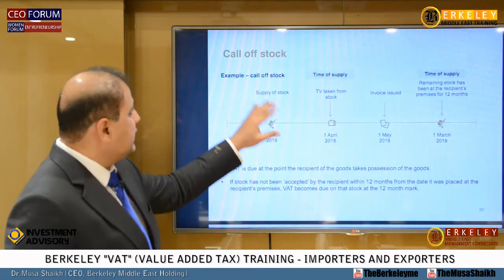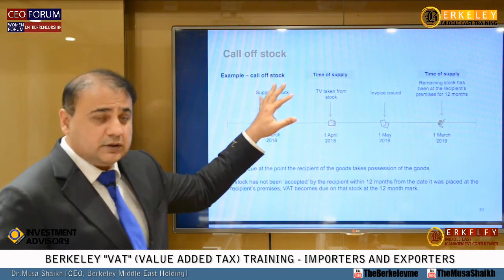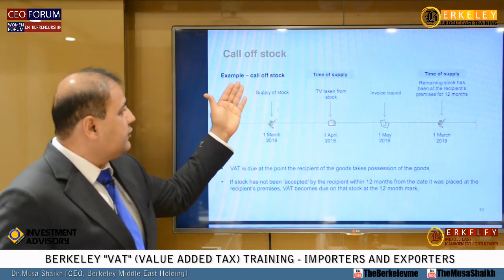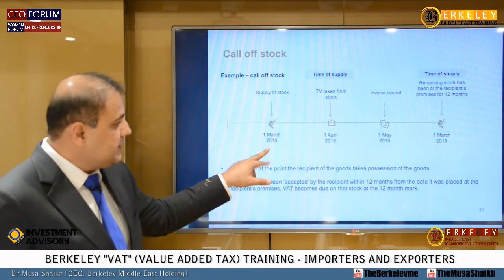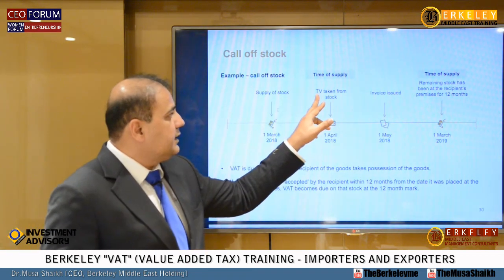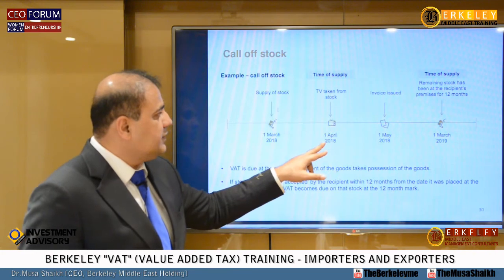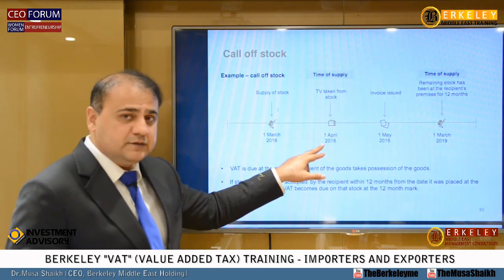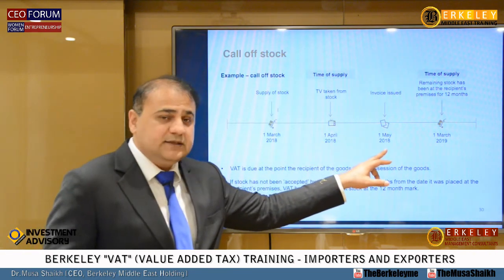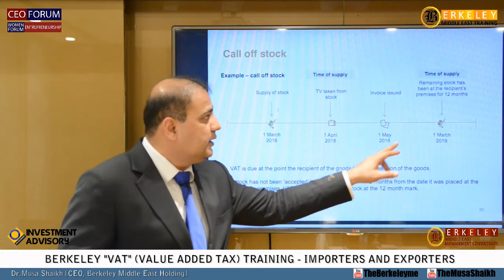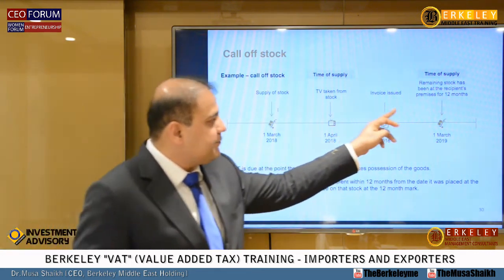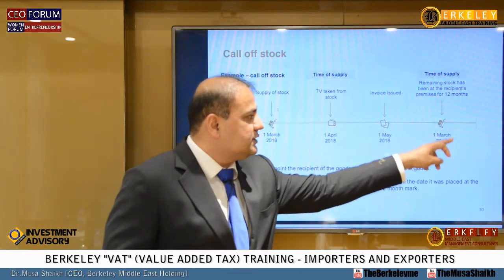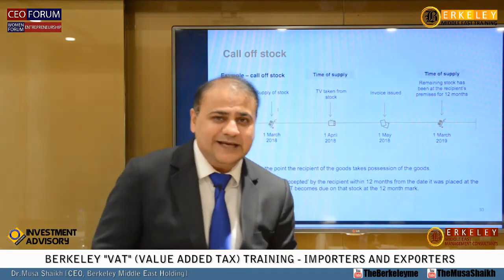Now we can see a scenario of call-off stock. How it works: the supply of the stock is on 1st March 2018, for example, and then the time of supply is when the stock is taken, 1st of April 2018. The invoice is issued 1st May, and the remaining stock has been at the recipient's premises for 12 months, so this is 1st March 2019.